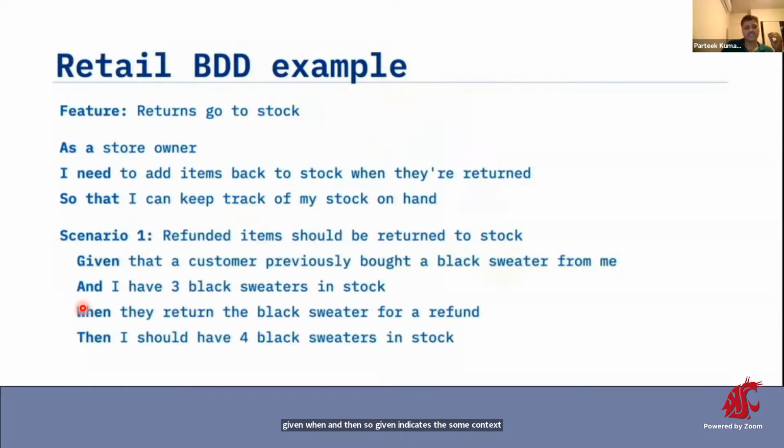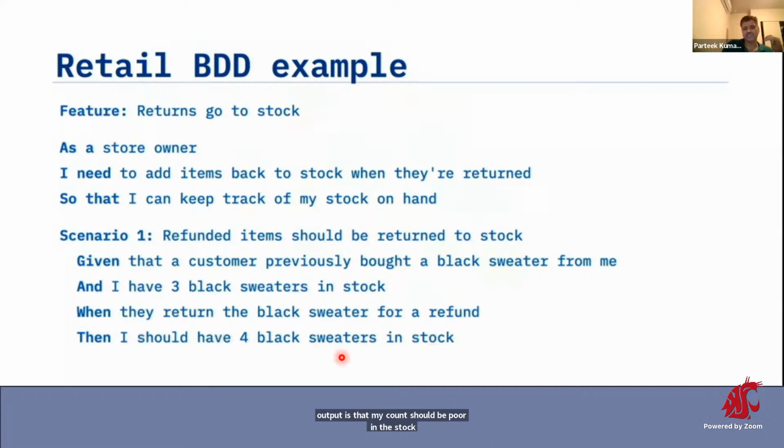So you can see that given indicates some context. This is the context that someone bought the sweater. I have three sweaters in stock. This indicates the event that someone is returning a black sweater back for refund. And then the testable output is that my count should be four in the stock once I return the item.